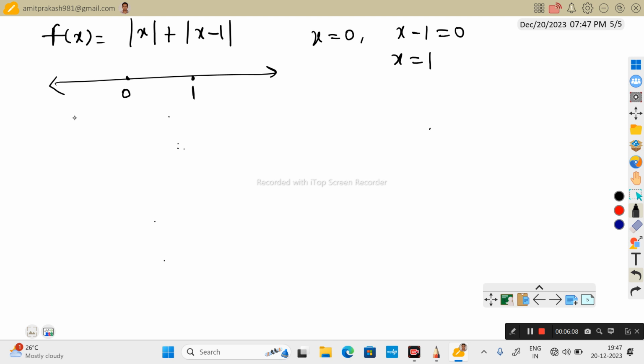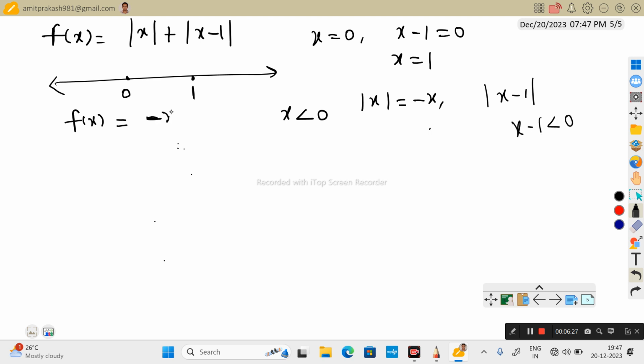For x less than 0, mod x equals minus x, and x minus 1 is also negative, since if we put any number less than 0, x minus 1 becomes less than 0. So this becomes minus x, and this becomes minus of x minus 1.